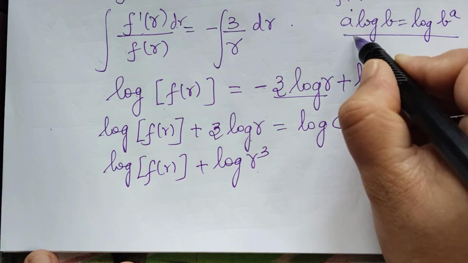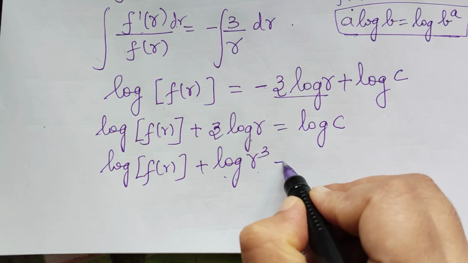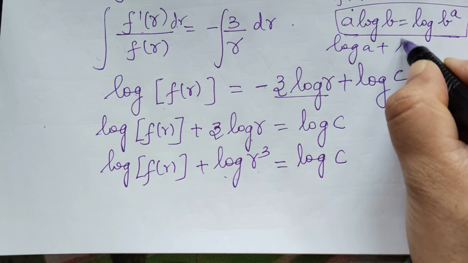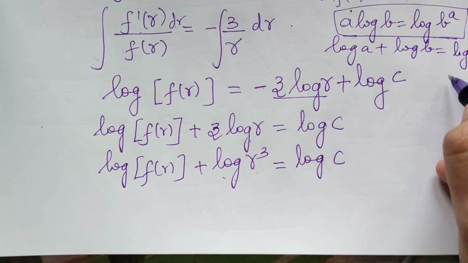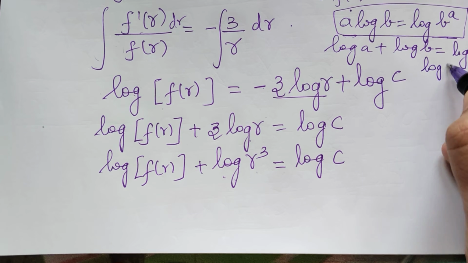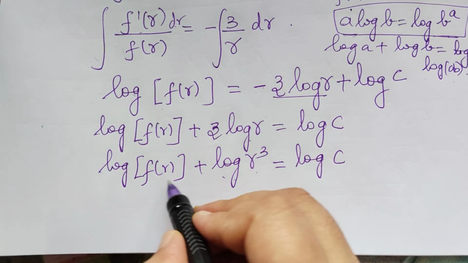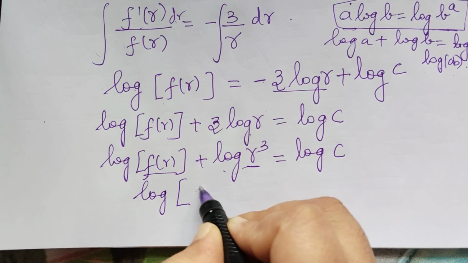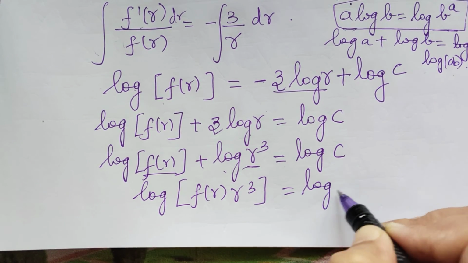So using this concept of logarithm, we have log of f of r plus log r cube equal to log c. We know that log a plus log b can be written as log of AB. So this can be written as logarithm of f of r times r cube is equal to logarithm of c.